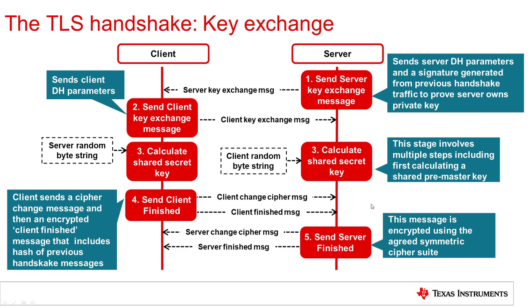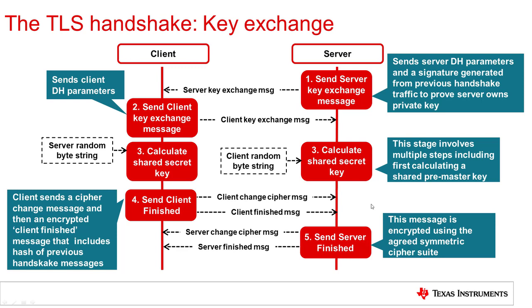The change cipher message will tell the server to change to the previously agreed symmetric encryption protocol, such as AES 256. In addition, the client finished message includes a hash of the previous handshake messages. The server can compare this to a hash of its record of the previous handshake messages to make sure that no attacks occurred at any stage of the handshake.